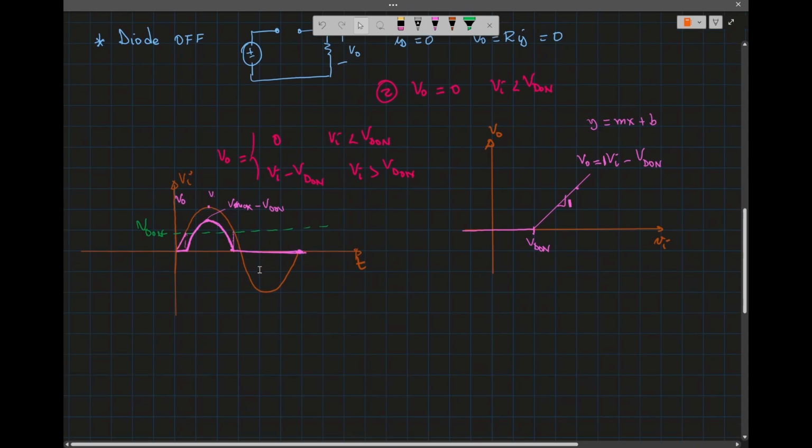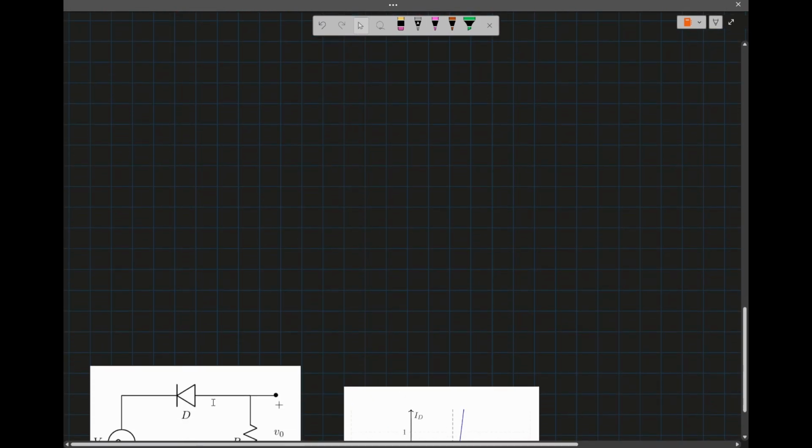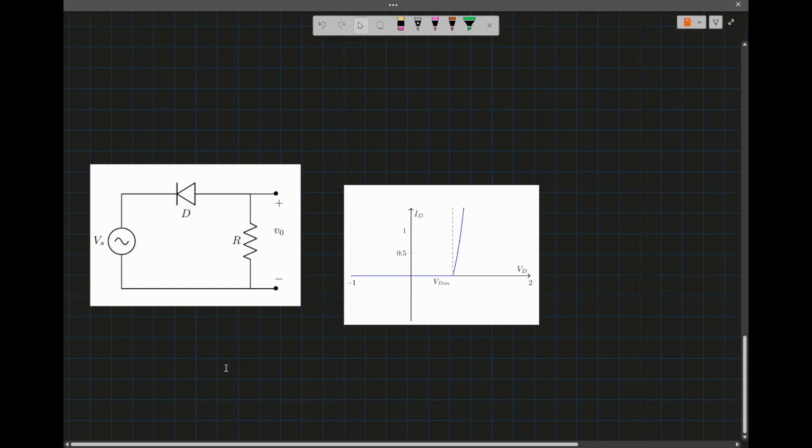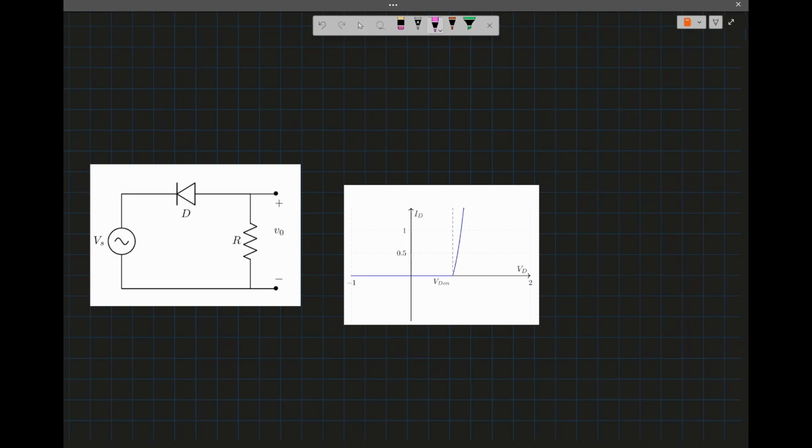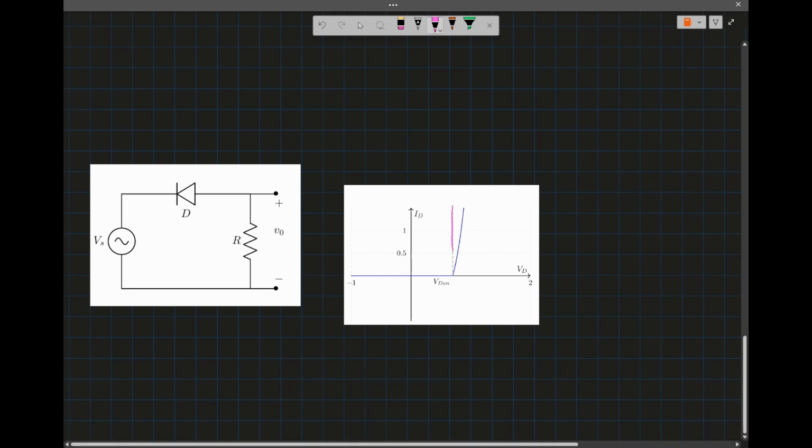Okay, now let's assume that we change the direction of the diode. So we still use the same characteristic, and this is what we call VD on.